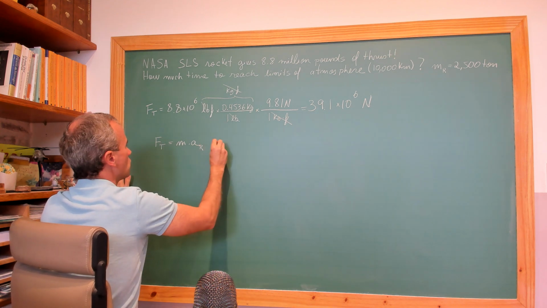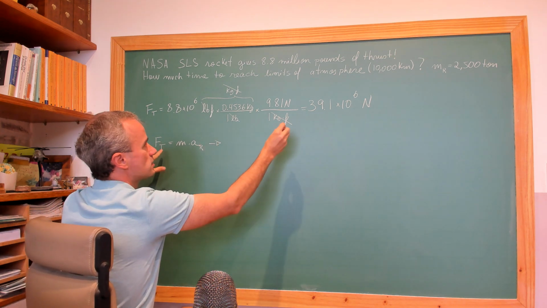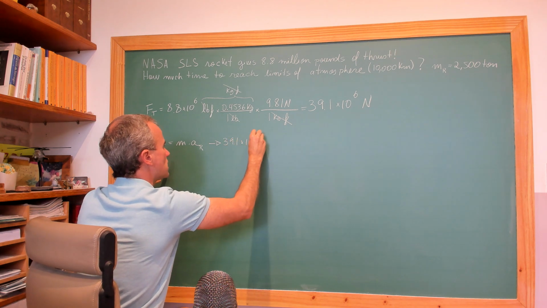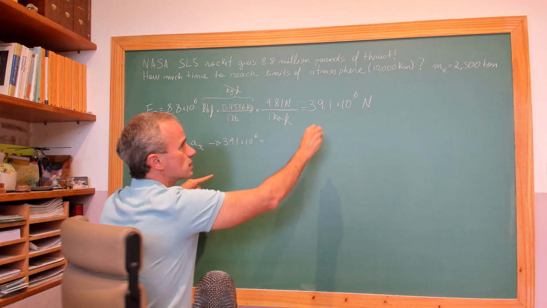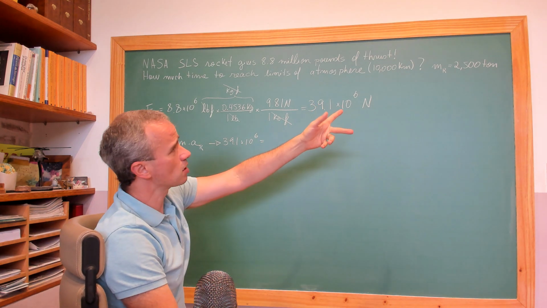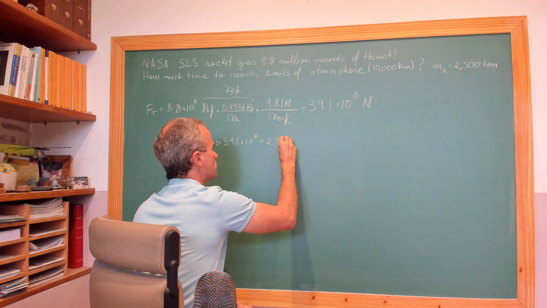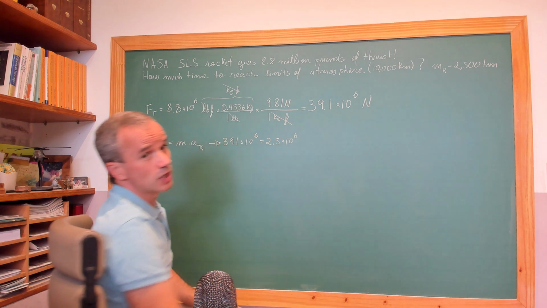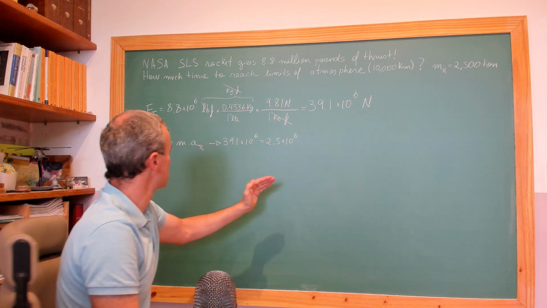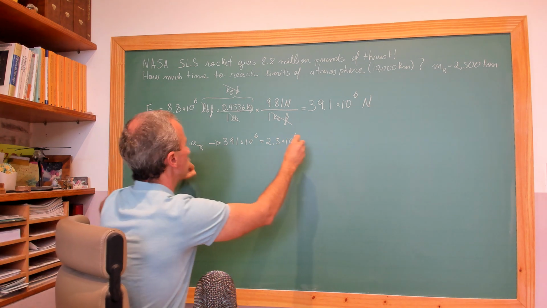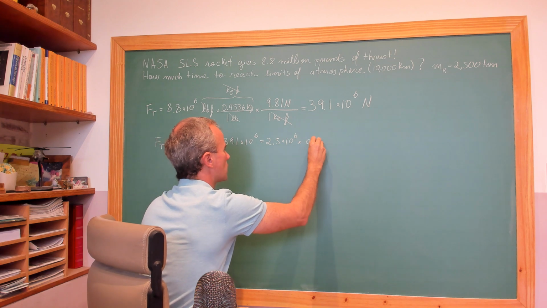So if we go for it, 39.1 times 10 to the 6 equals the mass of the rocket, 2,500 tons. You do the math and you're going to see that this is 2.5 times 10 to the 6 kilograms. We have to put kilograms, standard units. So times the rocket's acceleration.